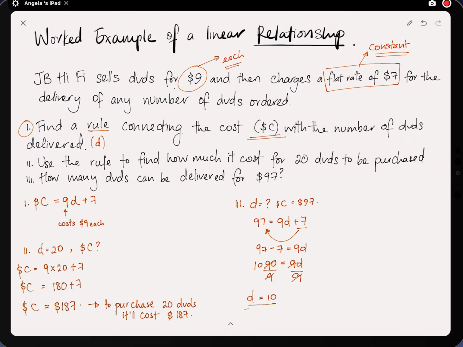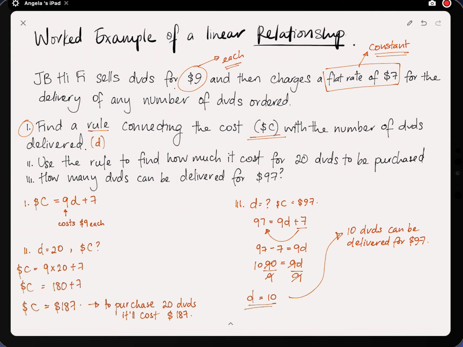And we just found that D equals 10, which means, again putting my answer back in words, that 10 DVDs can be delivered for $97.